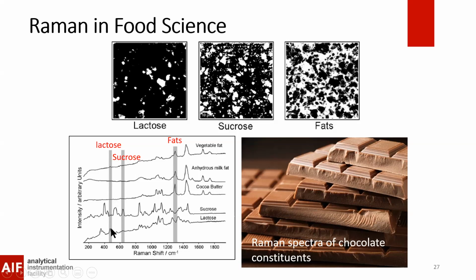If we use this peak to represent the lactose, this peak to represent the sugars, and this peak to represent fats, we can easily map the distribution of different ingredients. As you can see, the chocolate is basically made of lactose, sugars, and a lot of fats, and that's why it is tasty and yummy.